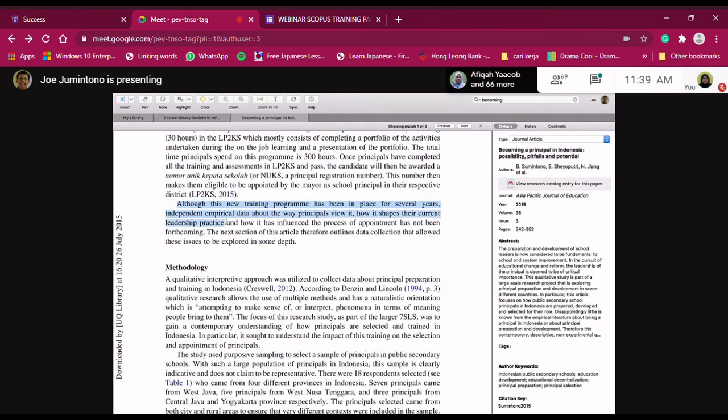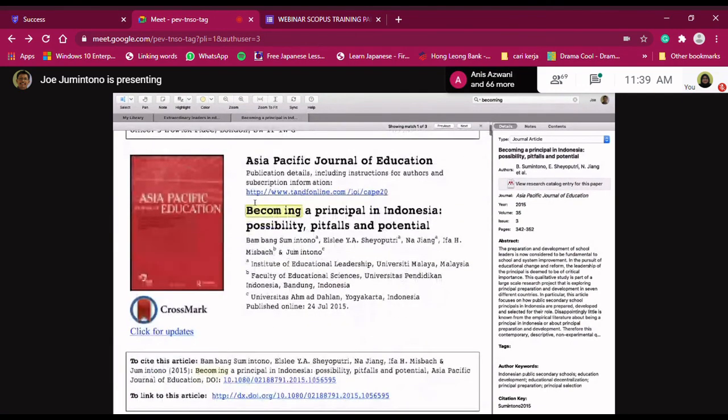Because I am talking about the training program, about how to be a principal in Indonesia: possibility, pitfall, and potential.